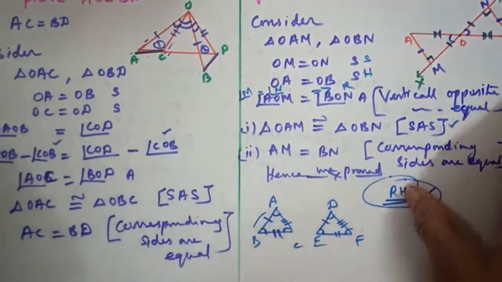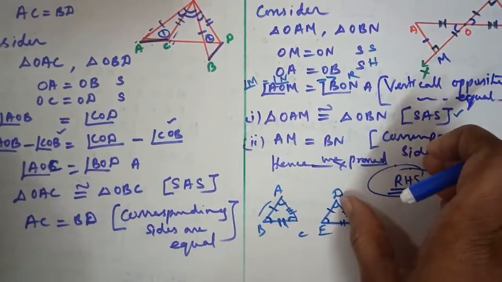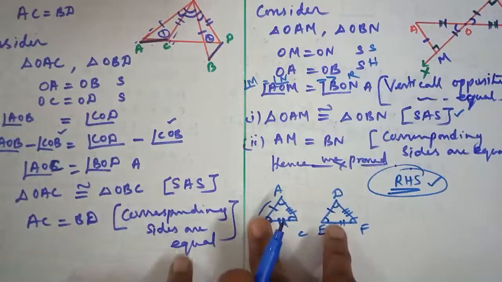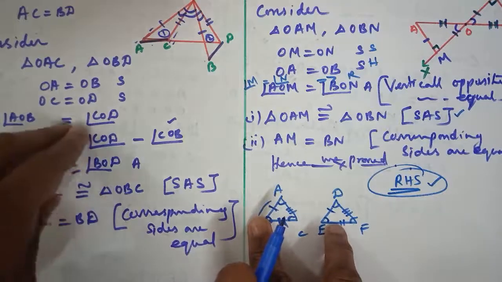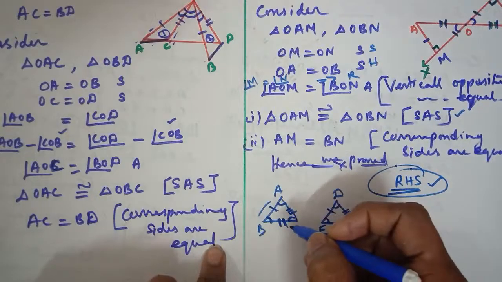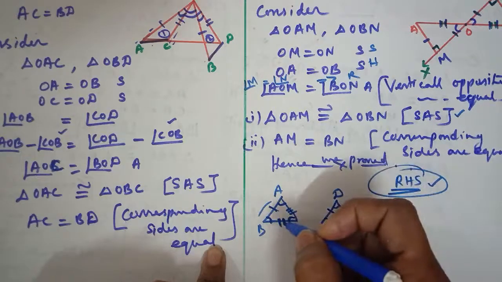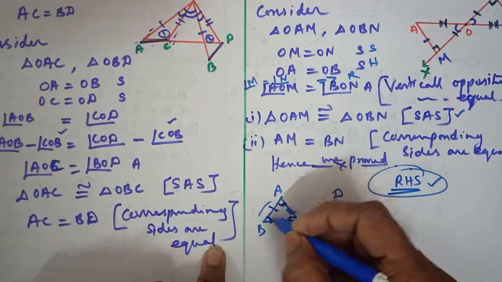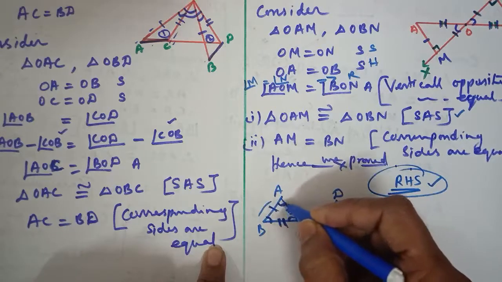If two triangles are congruent, students listen, here I have drawn two triangles, okay? That means corresponding angles are equal, corresponding sides are equal. If we prove these two triangles are congruent, then we can say corresponding angles are equal.